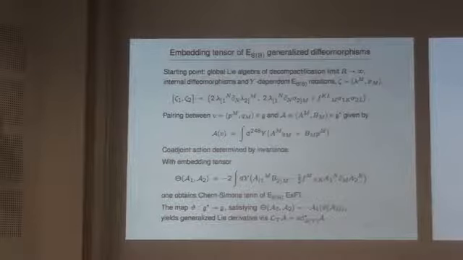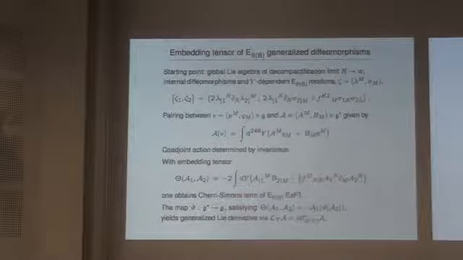The starting point here is a global Lie algebra, which we can think of as the symmetry of the decompactification limit of exceptional field theory, where you think of the internal space as a large torus in the simplest case, and you send the radii of all circles to infinity.